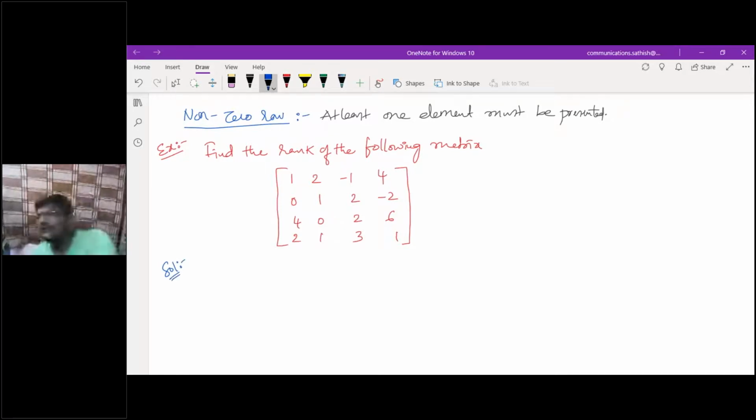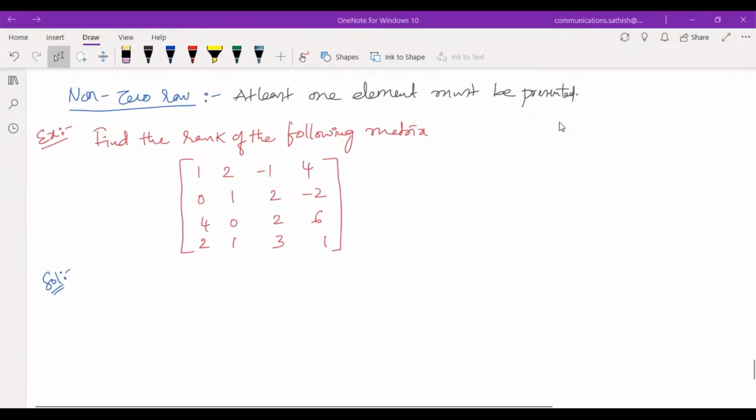So if I want to convert the given matrix into reduced row echelon form or row echelon form, what is the thing I have to keep in mind?